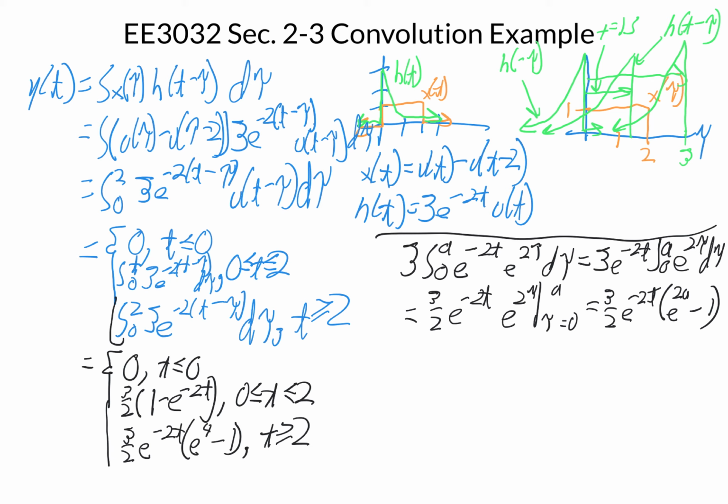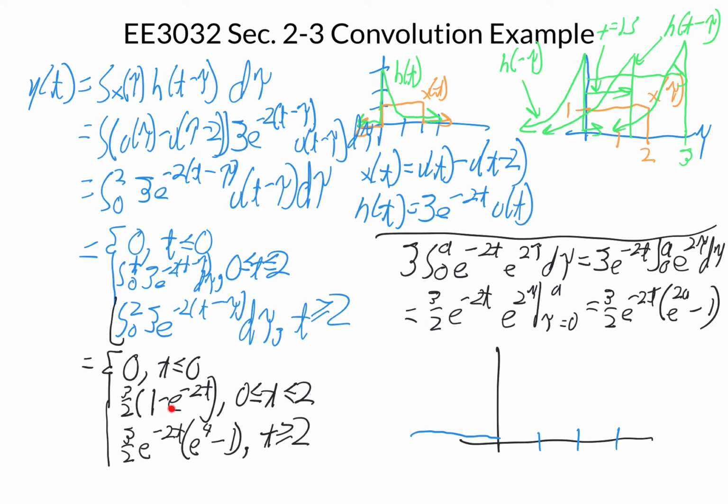So what does the graph look like? If I draw out the function y of t here, it's 0 when t is less than 0, and then it has one behavior up until 2 and a different behavior beyond that. So what I can see here, I have 3/2 times this exponential decay, and if I let t get larger and larger, this exponential decay term right here is getting very small.